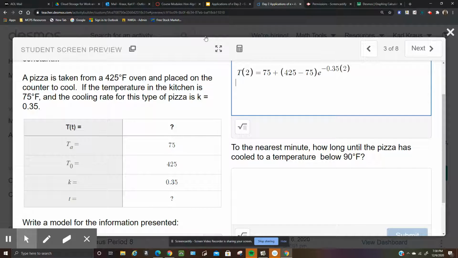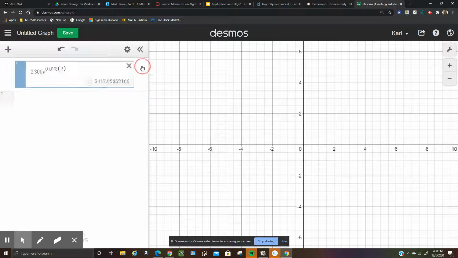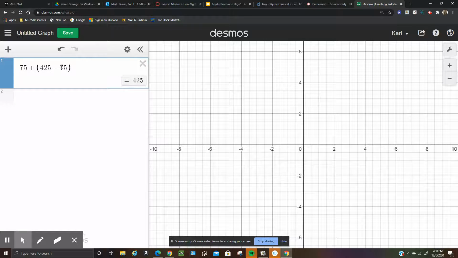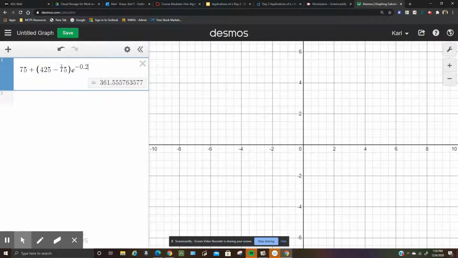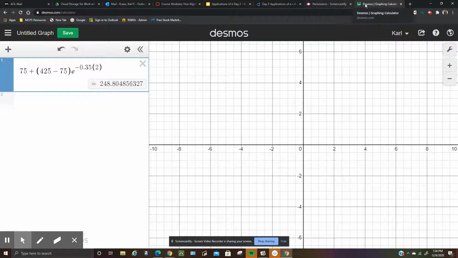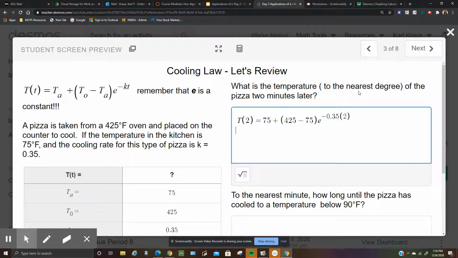Typing that all in the calculator. So 248.8 degrees, or to the nearest degree, T of 2.